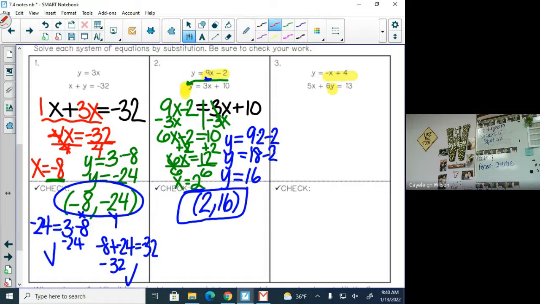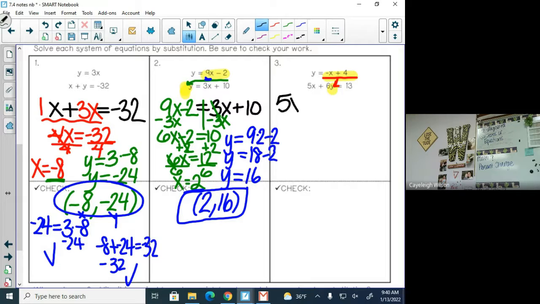Now, here's something that's going to throw some people off. What does 6y actually mean in math? 6 multiplied by y. So when I go to put this in, yes, 6 times the equation.